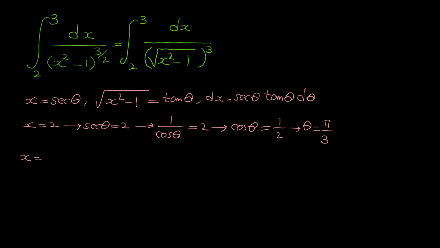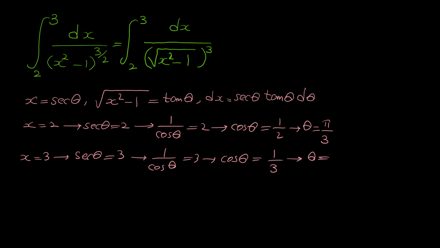What about 3? If x is 3, then secant is 3. If secant is 3, it means that 1 over cosine is 3. This means that cosine is 1/3. And this means that theta is, we don't have any famous angle for 1/3. So theta is cosine inverse of 1/3. This is the only way that we can write theta.